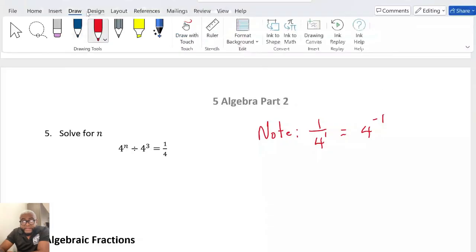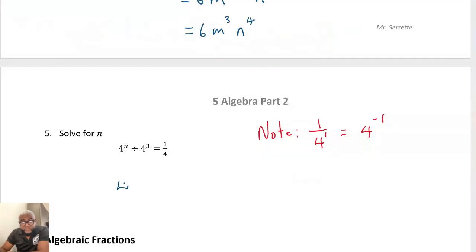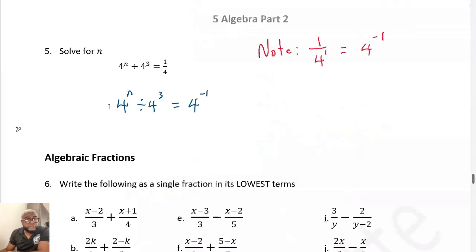Okay? So I can rewrite this equation as 4 to the n divided by 4 to the third is equal to 4 to the negative 1 power. I rewrote 1 over 4 as 4 to the negative 1 power. Everybody good there? So watch this.